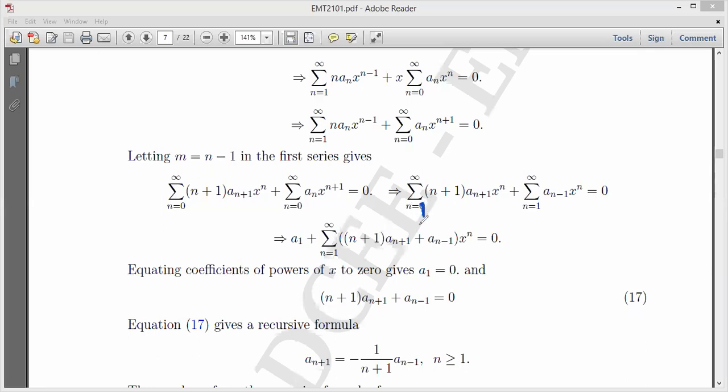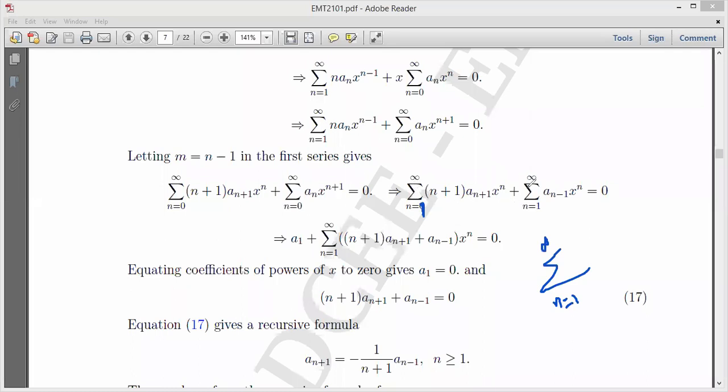Assuming this one is running from 1, this is to the n, this is to the n. The x to the n is the same as the x to the n. So we'll have just the sum. This will be n running from 1 to infinity. And we are saying the sum and that sum, they are the same.